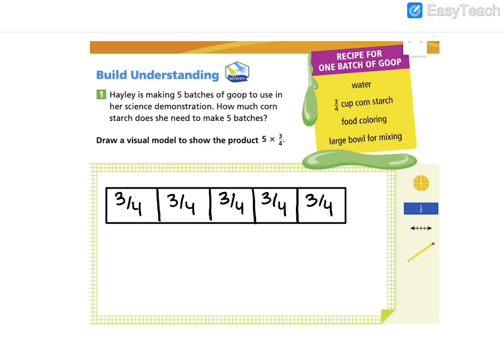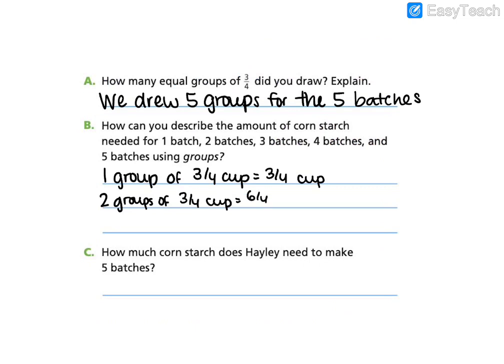So now we're up to 6/4. We're going to have to go on this line too. 3 batches of 3/4 of a cup is how many cups? 9/4 of a cup.